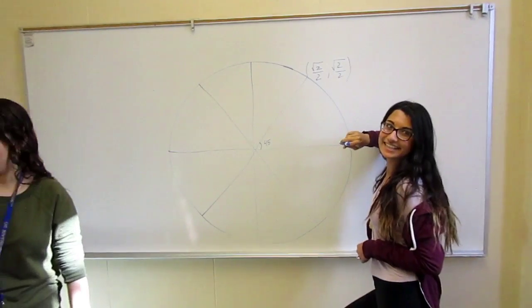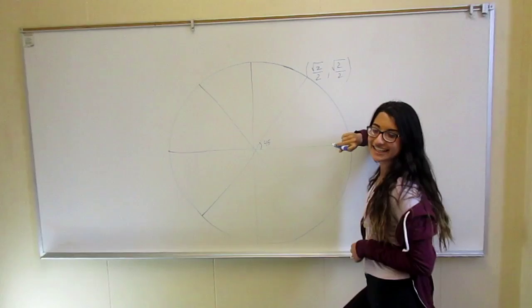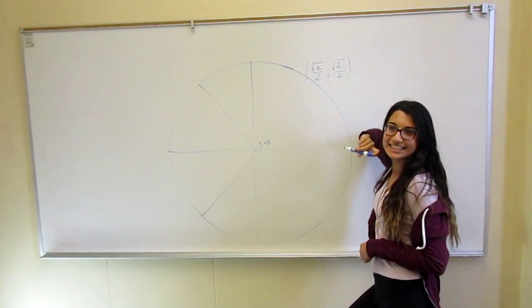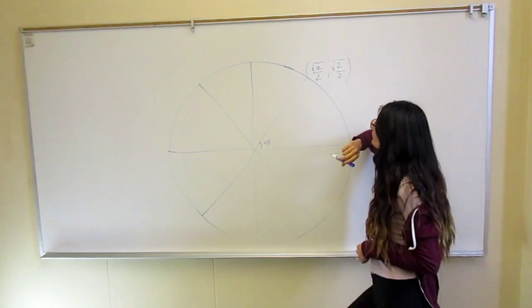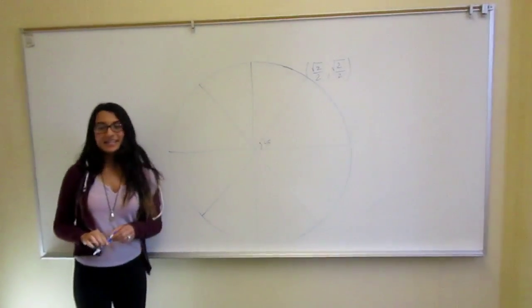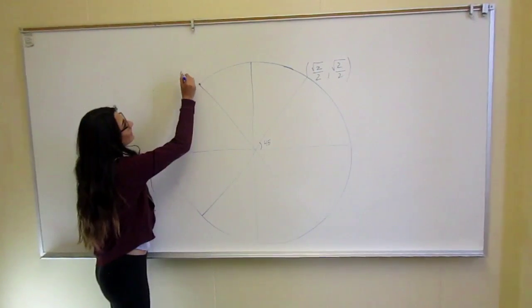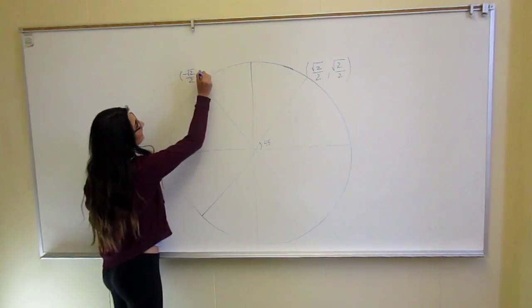It's in the first quadrant. Excuse me, I'm trying to teach. In the first quadrant, it's both positive for the x and y axis. Do you know the endpoint for the second one? Radical 2 over 2, and then radical 2 over 2.